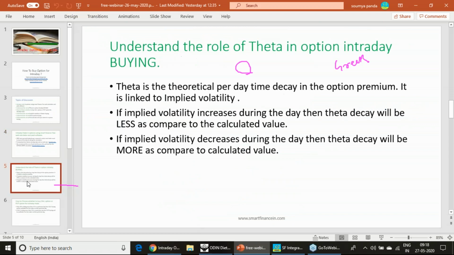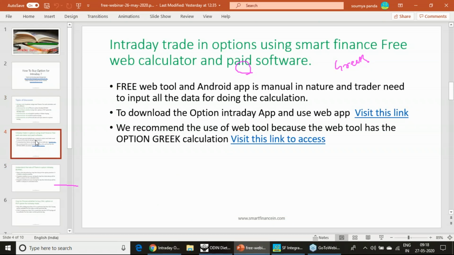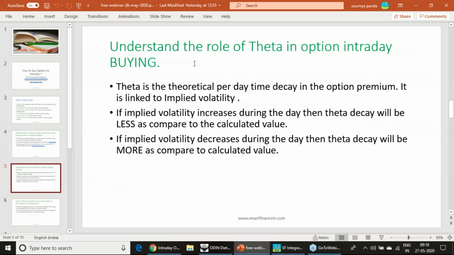What are the other studies we need to do here? These tools I will definitely be visiting. Now understand the role of theta. Theta of an option represents the time decay in a day.